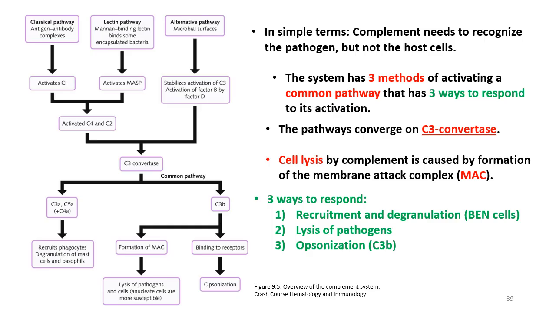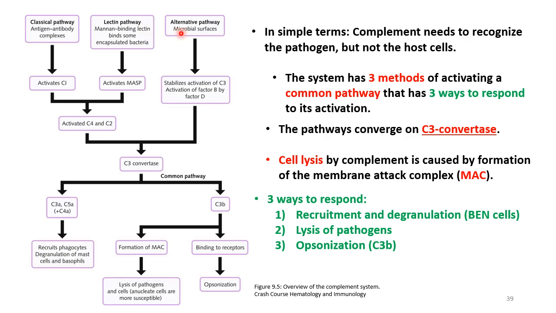So here is what is happening with your overall idea of your complement pathway. Remember, the classical pathway uses antibodies. The lectin pathway uses PRRs, like your mannose binding lectin. In this one, they have mannan, like in bacteria or fungi.